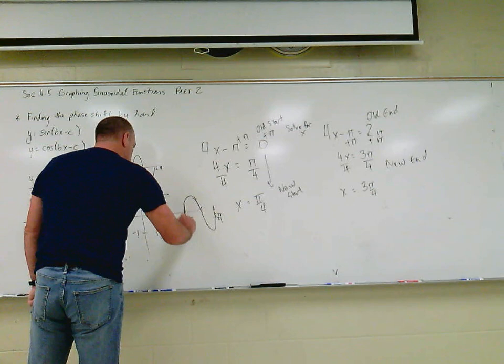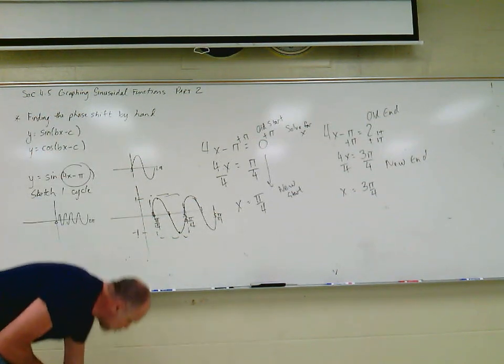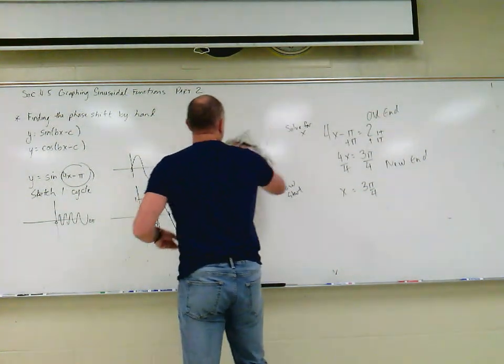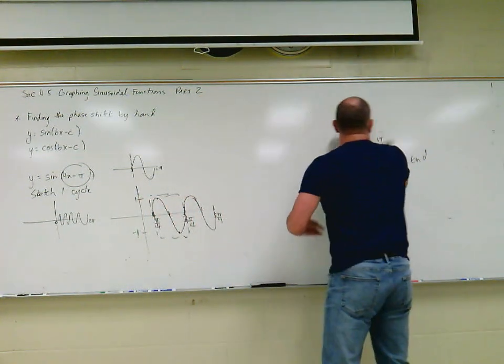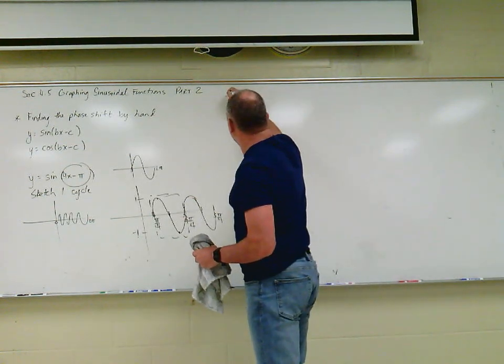All right, but that's essentially what you're doing. You're trying to figure out where the new start and end for that cycle is by using this method. So whether it's a sine or a cosine graph, doesn't matter. My method is the same. So what's one cycle for sine?